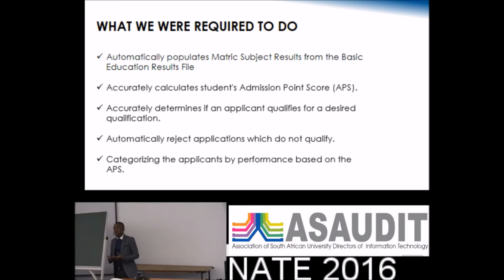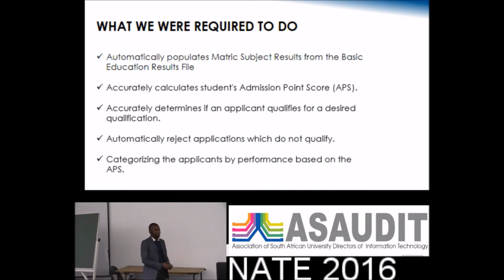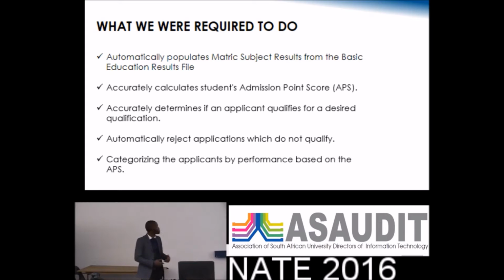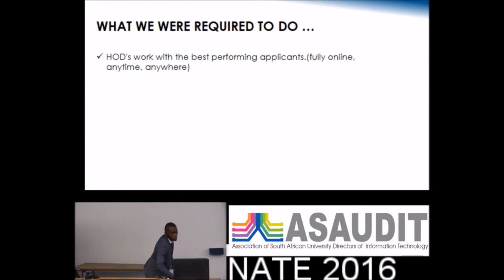So even if someone applies after me, but he actually performed very good in metric, preferably we should be able to take that person before we can actually take you. So this actually also improves our academic performance as such. This I just mentioned. The HODs should be able to work with the best performing applicants fully online, anywhere, anytime.